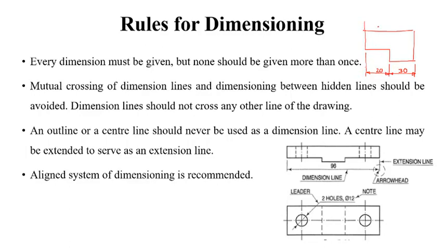Now it is meaningless to give the overall dimension equal to 50, because it will be a repetition. So if this 50 is not required, we can provide this and this.